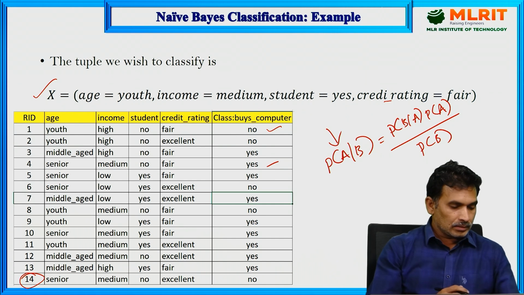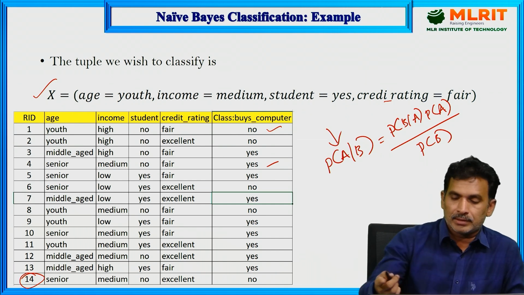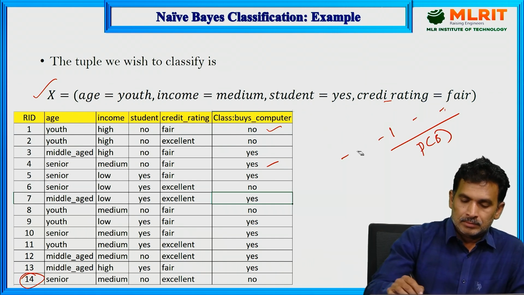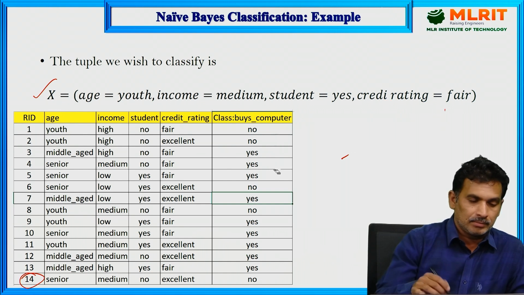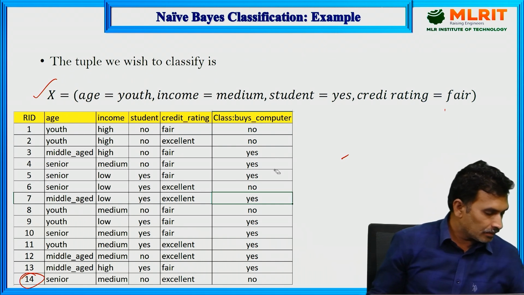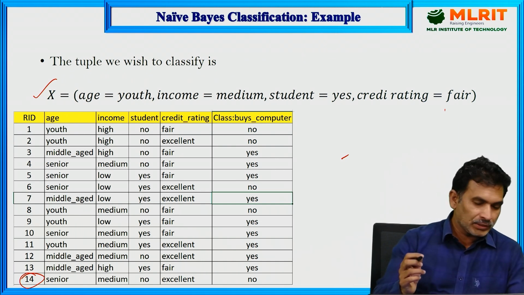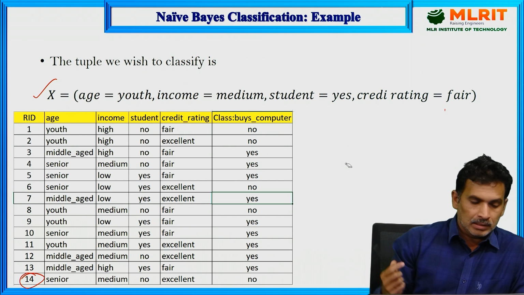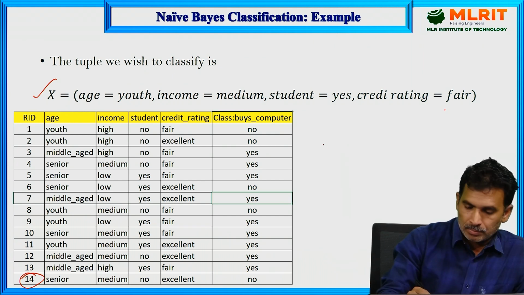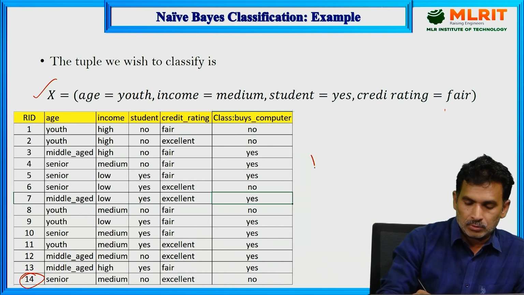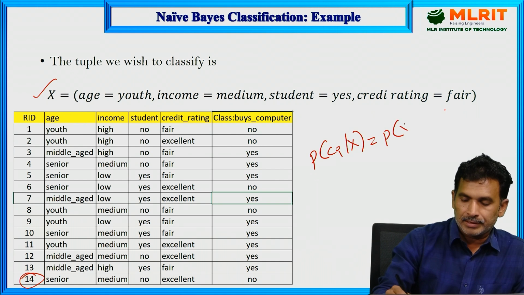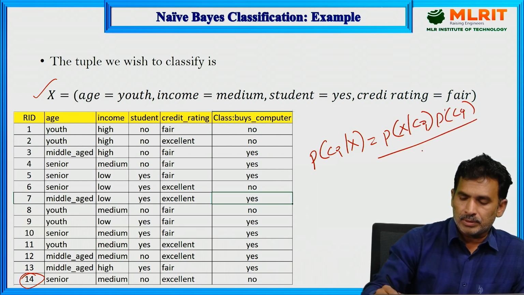So let us see how we are going to apply this Bayes theorem to find the class label of this tuple x. As we discussed in the previous lecture, we need to maximize. Let me write the equation first: probability of Ci given x equals probability of x given Ci times probability of Ci over probability of x.